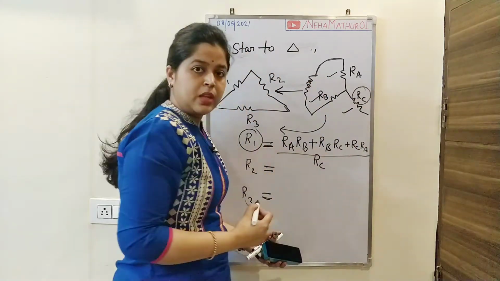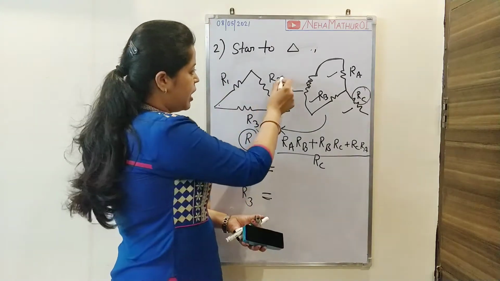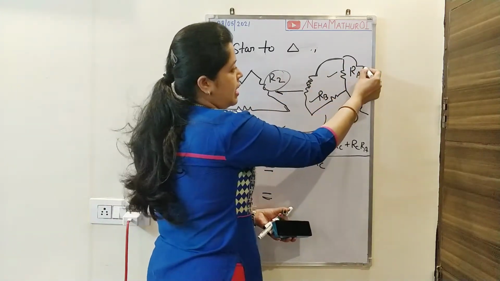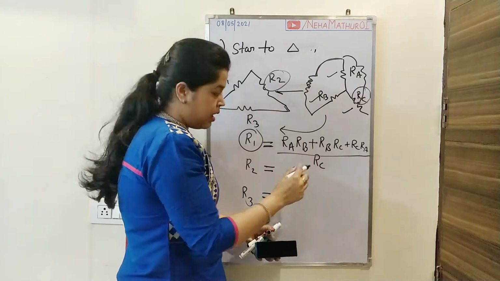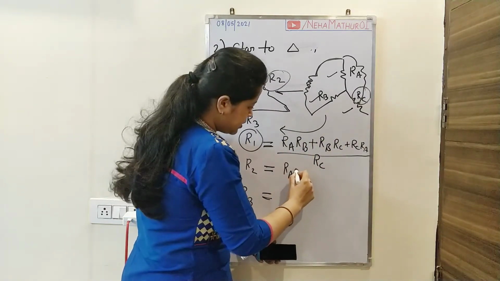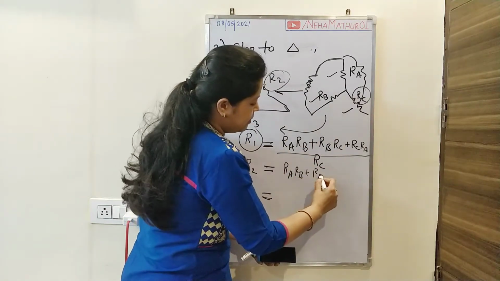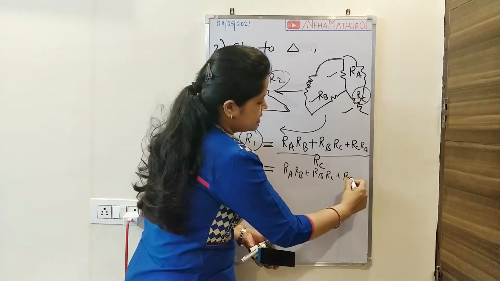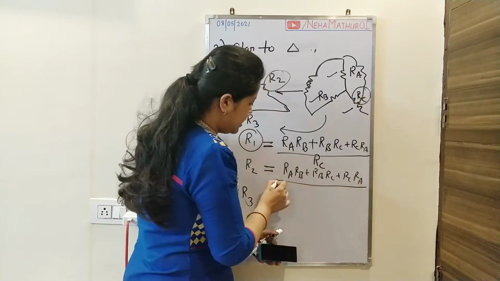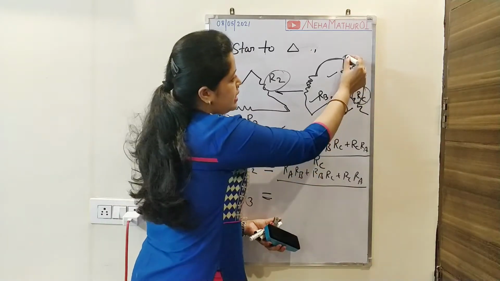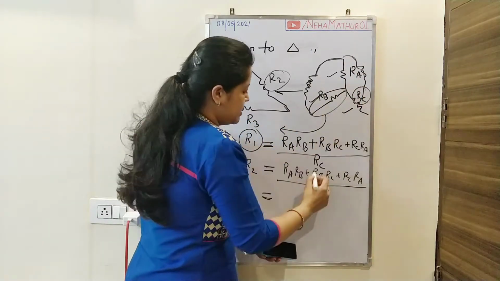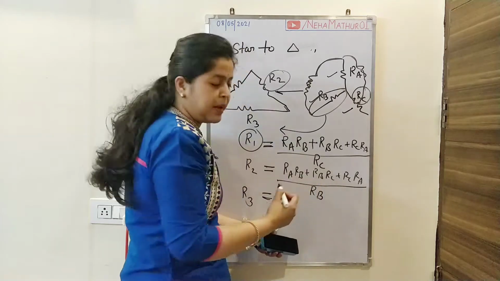Similarly, in the calculation of R2, the upper term will be the same, RA RB plus RB RC plus RC RA, but the division, in this case the opposite term is RB, so it is divided by RB.